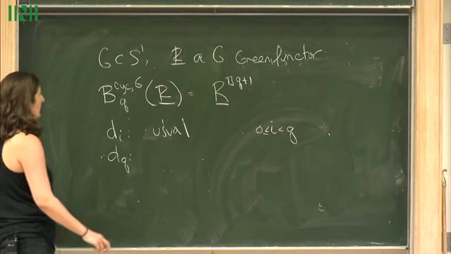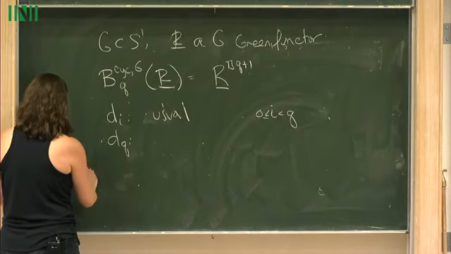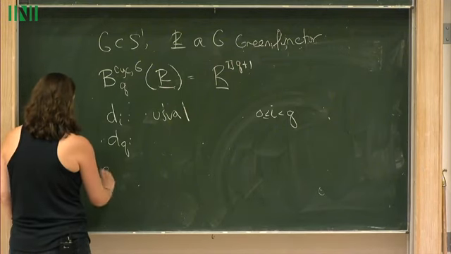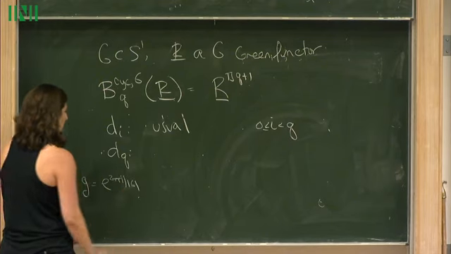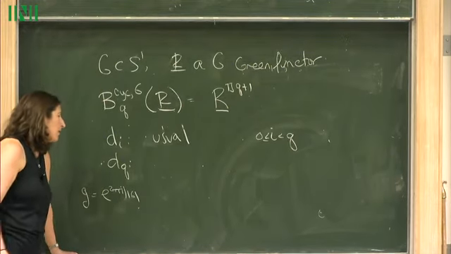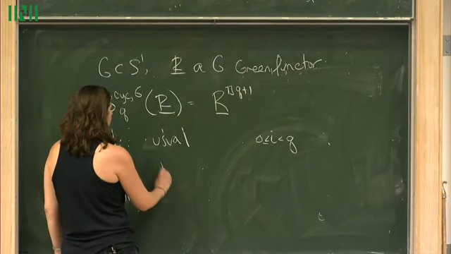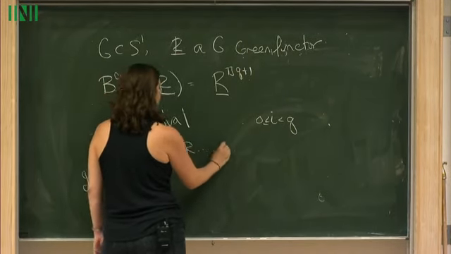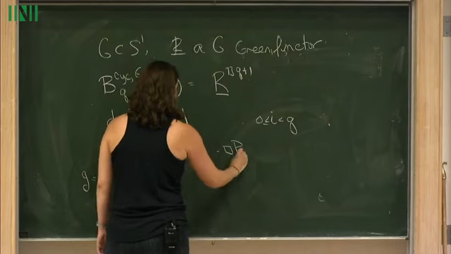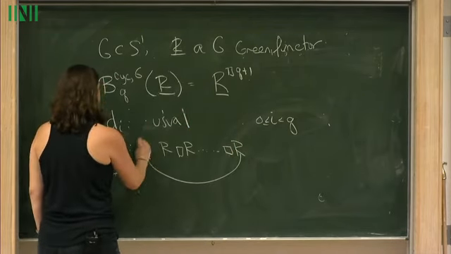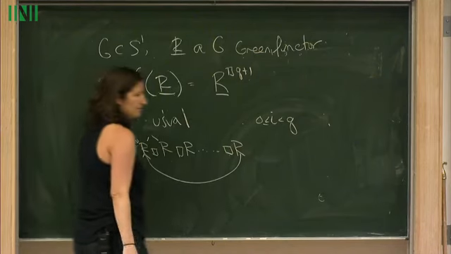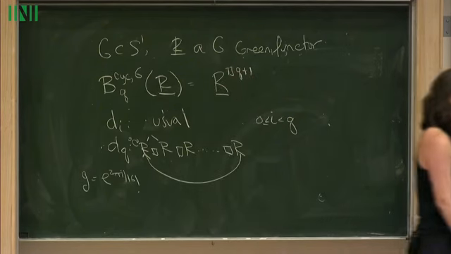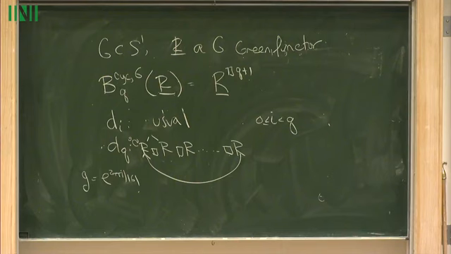I should set notation: I'm going to let little g be e to the 2 pi i over the order of G, a generator. What does the last one do? Let me just draw a picture. The last one brings the last factor to the front, acts by little g, and then multiplies. So that's our d_q face map.